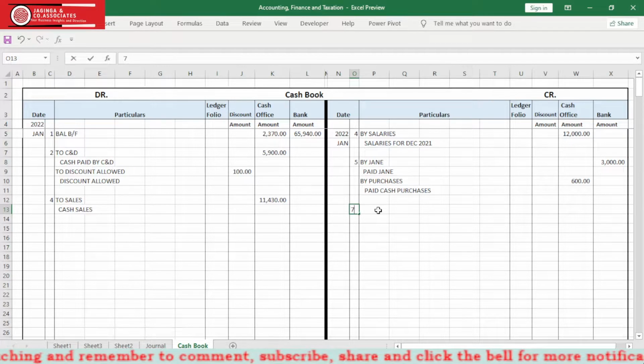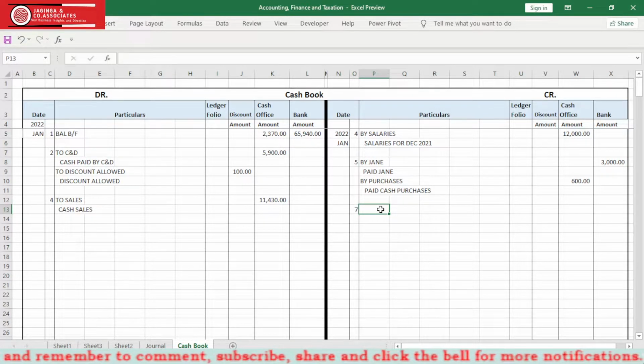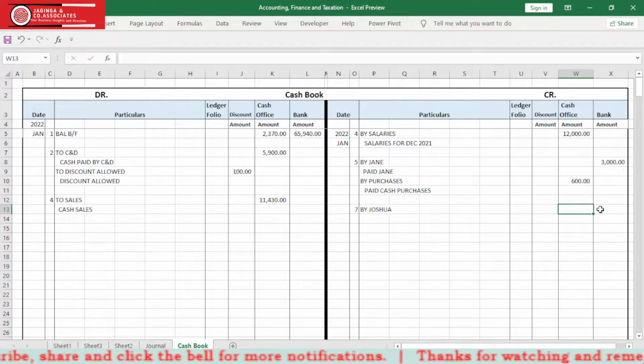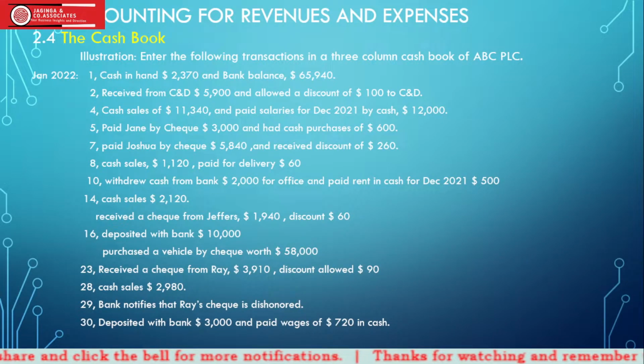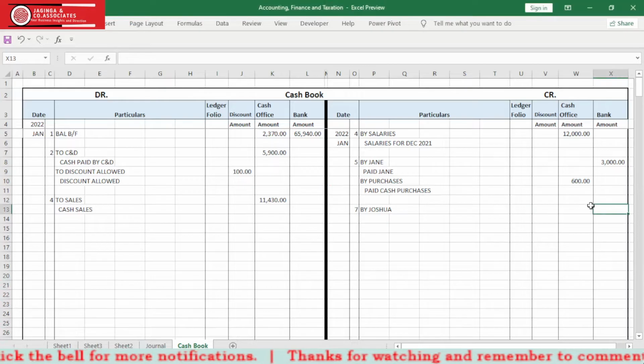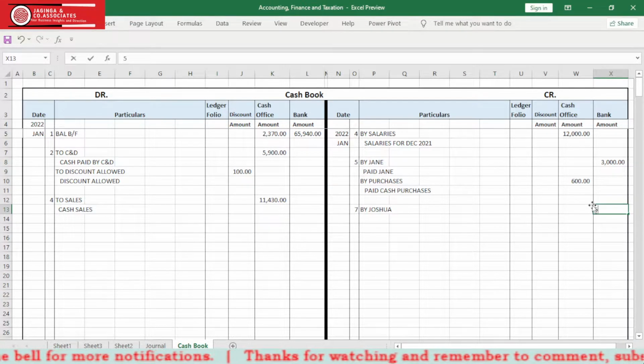We write by Joshua, paid Joshua by check, and the check was worth 58.40.